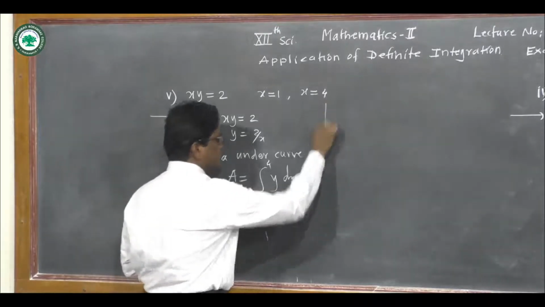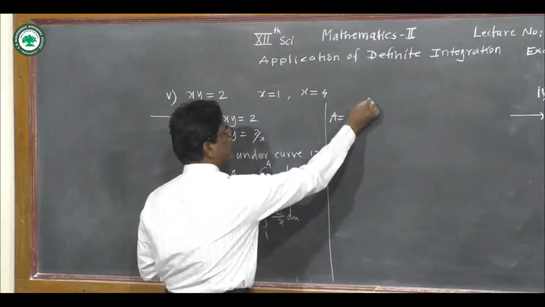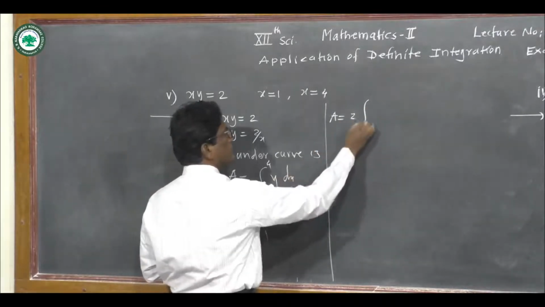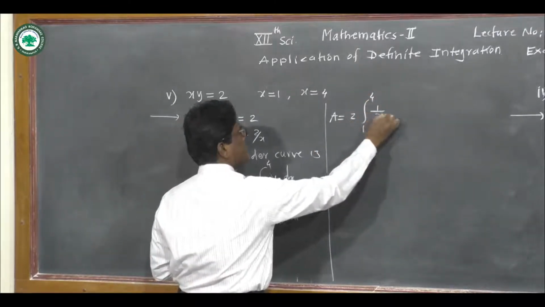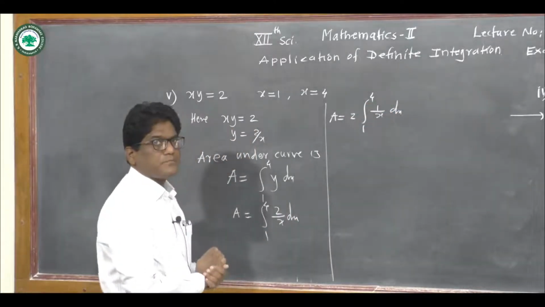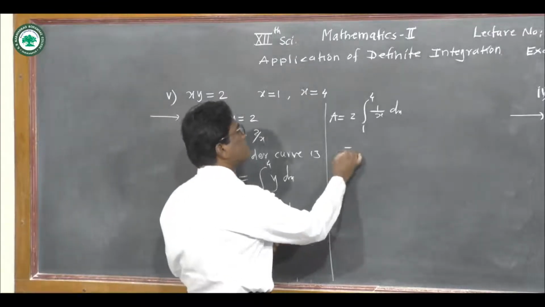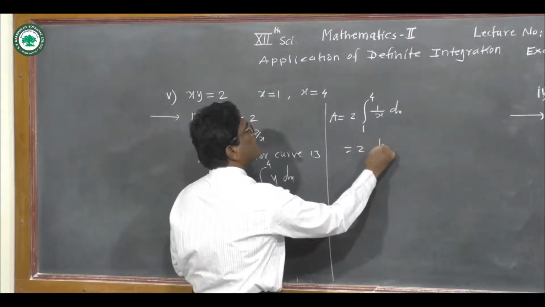So A is equal to 2 integration from 1 to 4 of 1 upon x dx. And we know that 1 upon x is the derivative of log x. So the integration of 1 upon x is log x.